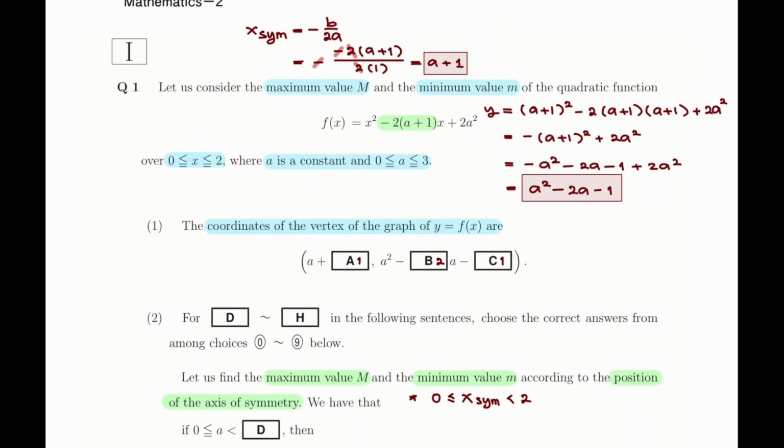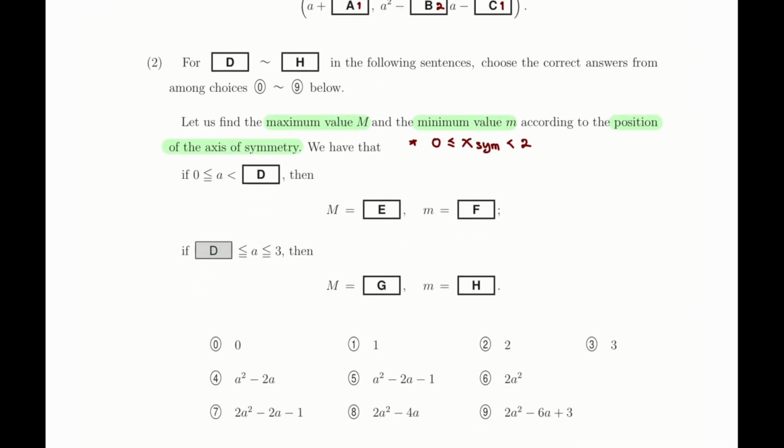Since my symmetrical axis is a plus 1, I can substitute it over there. Then I will get 0 less than or equal to a plus 1 less than 2.